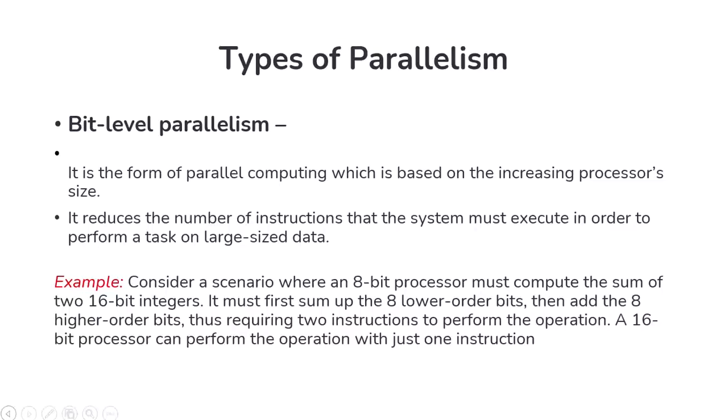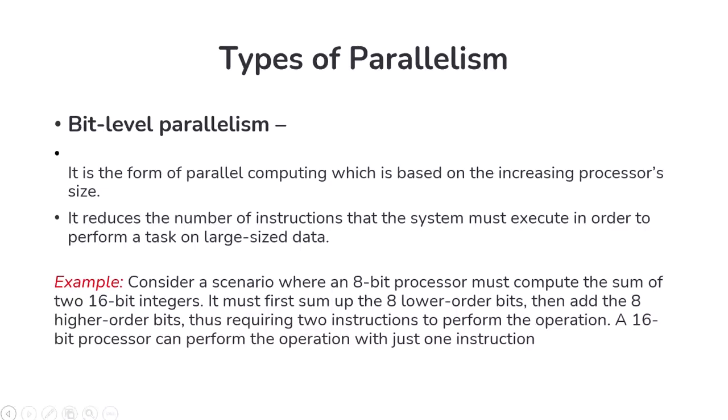Let's take an example. Suppose we have an 8-bit processor, and it must compute the sum of two 16-bit integers. How will it do that? Remember that an 8-bit processor can handle an 8-bit integer at a time.